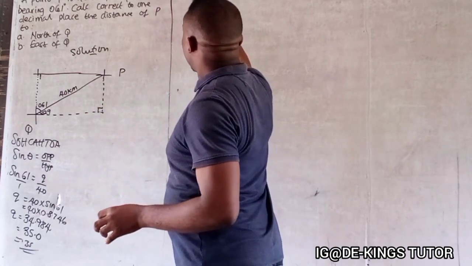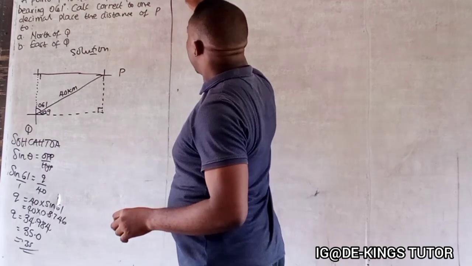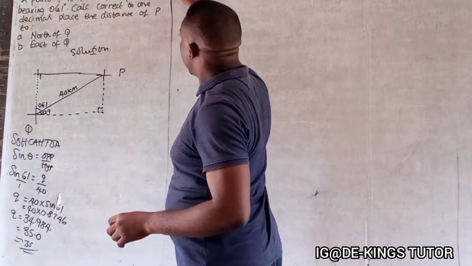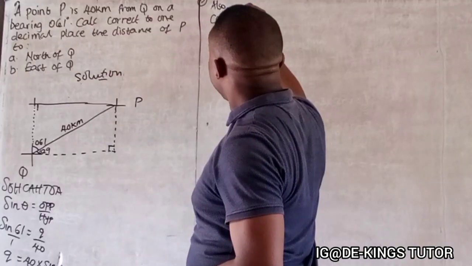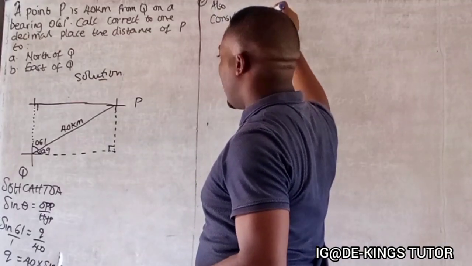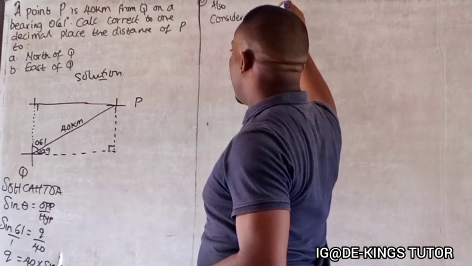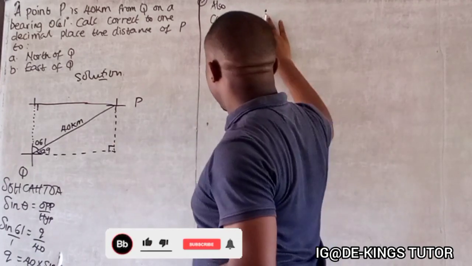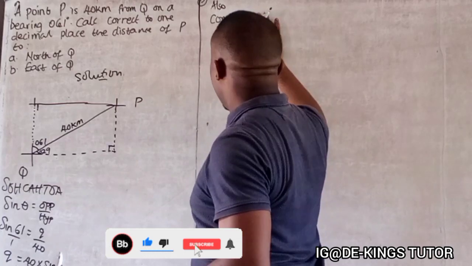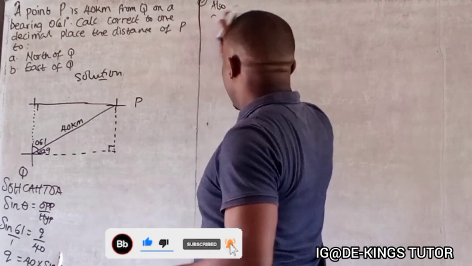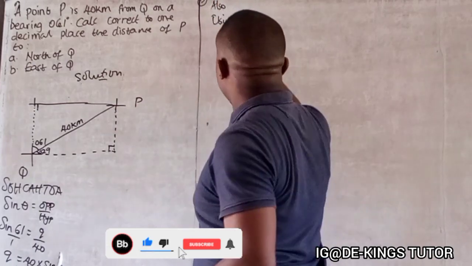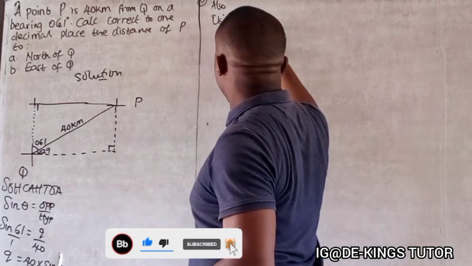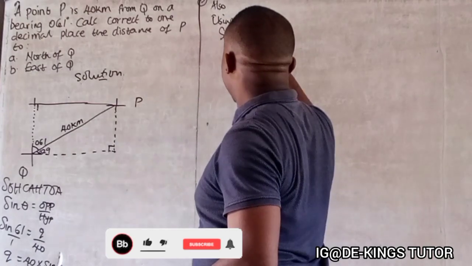Also considering the triangle, what should we use? Sine theta, which is opposite over hypotenuse.